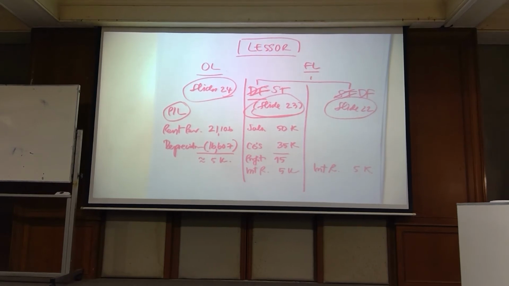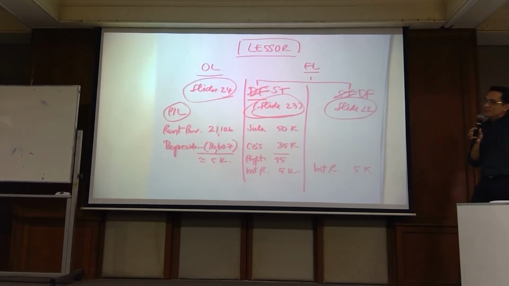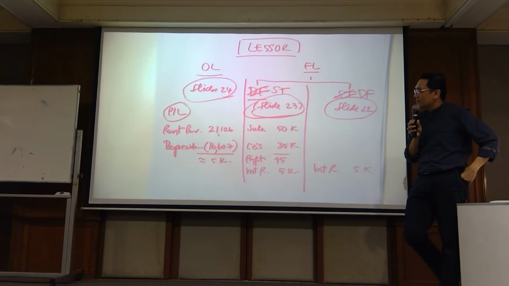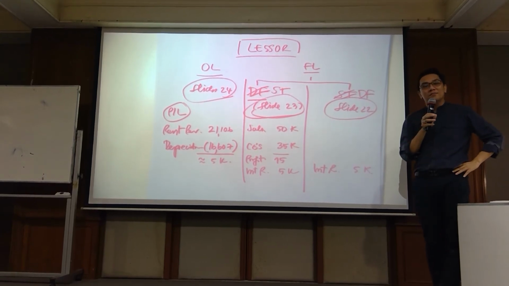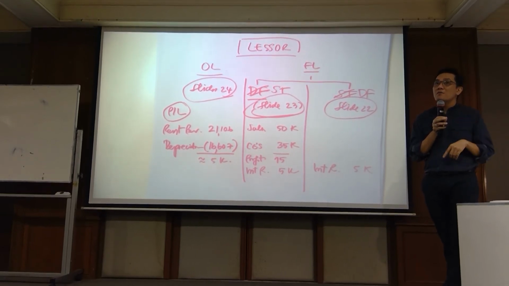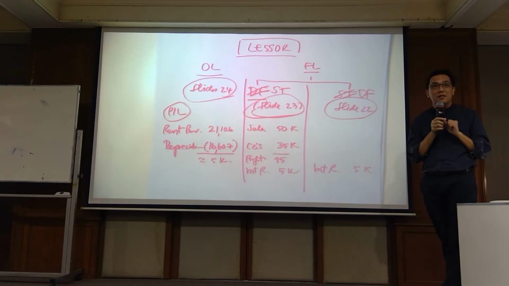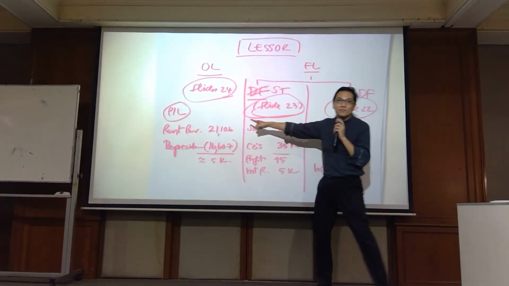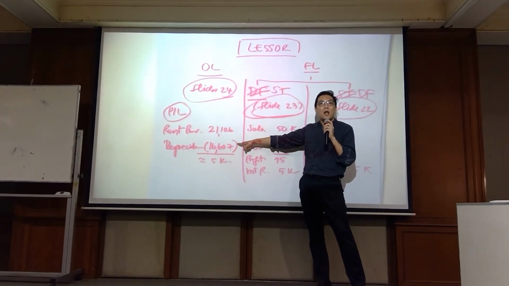Well, what about the cash flow statement? OL, operating cash flow coming in, isn't it? Because you got the rent revenue. It's coming in right here. Depreciation, non-cash, isn't it?